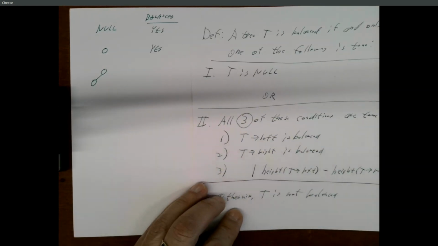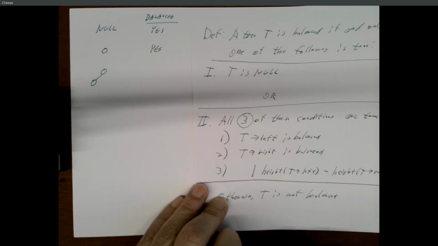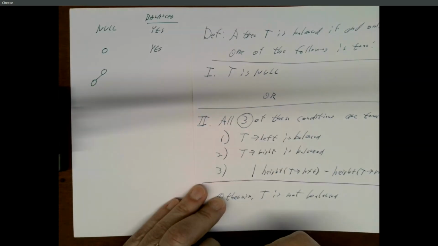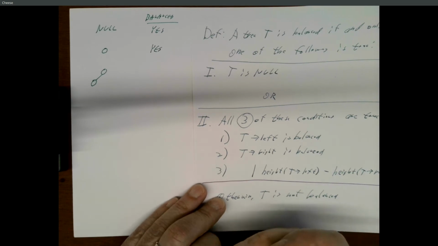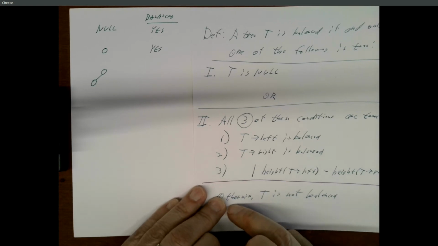Okay, what about this tree? So it's not null, so we've got to satisfy all 3 conditions. What do you think? Is this balanced or not? I mean, it doesn't look particularly balanced, but it should be.